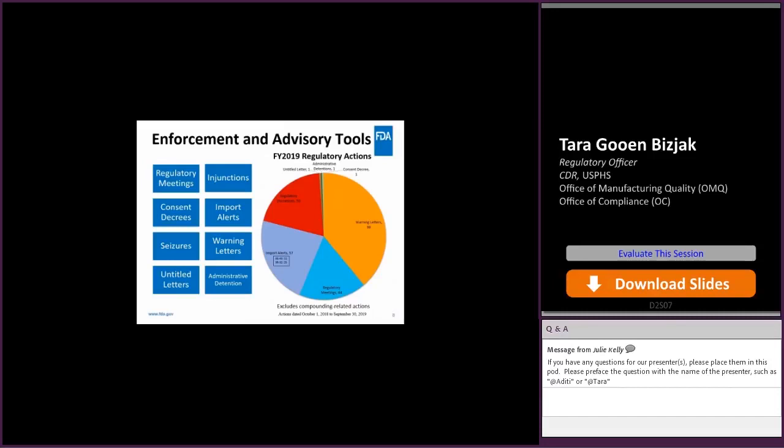We also work with different types of regulatory discretions where needed, such as shortage situations and other scenarios. So that's a part of what we work on as well. These regulatory actions do exclude compounding related actions.